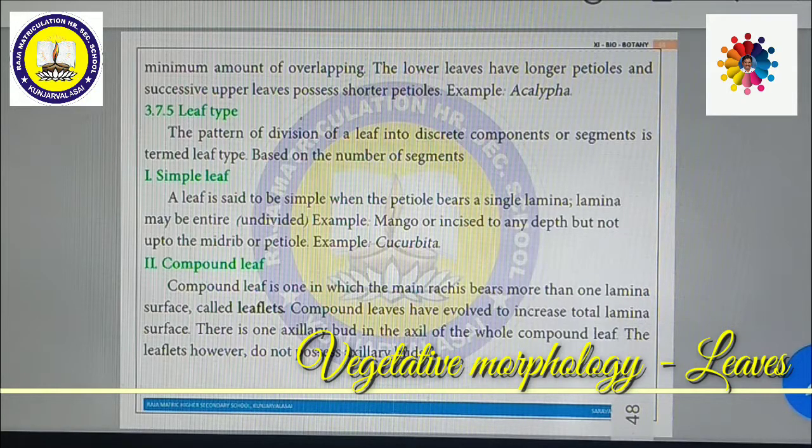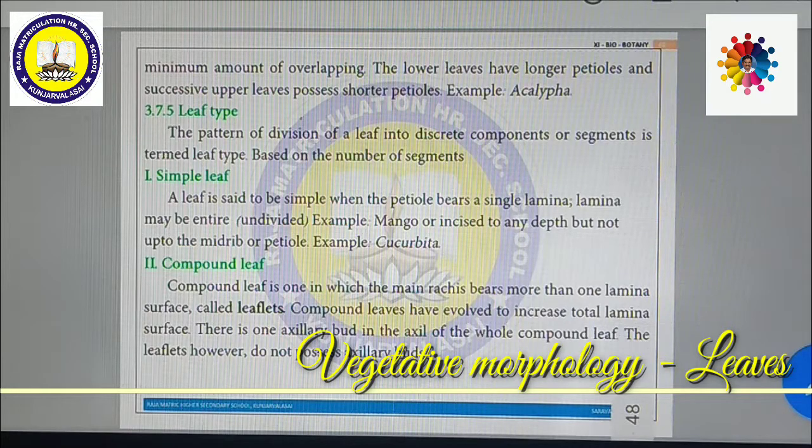Then if you see compound leaf, it is one in which the main branch bears more than one lamina surface, called leaflets. Compound leaves have evolved to increase the total lamina surface. There is only one axillary bud in the axil of the whole compound leaf.